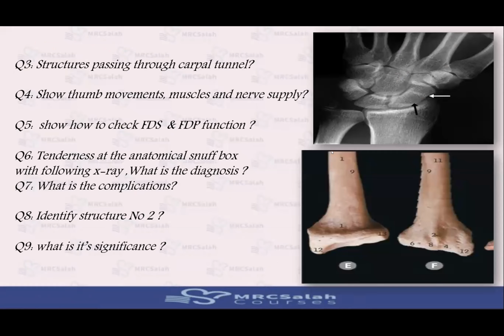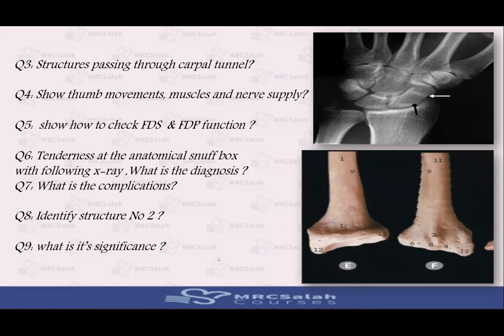Okay, Dr. Hiba, can you tell me the structures passing through the carpal tunnel? We have the median nerve, four tendons of flexor digitorum profundus, four tendons of flexor digitorum superficialis, one tendon of flexor carpi radialis, and one flexor pollicis longus. Okay, perfect.